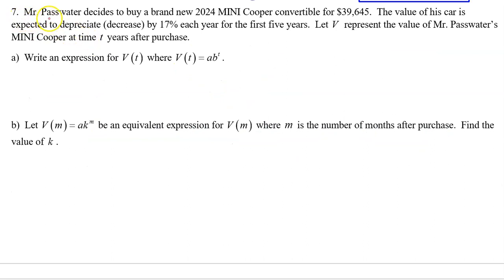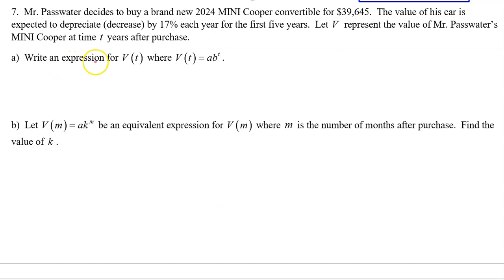Number 7. Mr. Passwater decides to buy a brand new 2024 Mini Cooper convertible for $39,645. The value of his car is expected to depreciate, or decrease, by 17% each year for the first 5 years. Let V represent the value of Mr. Passwater's Mini Cooper at time t years after purchase.